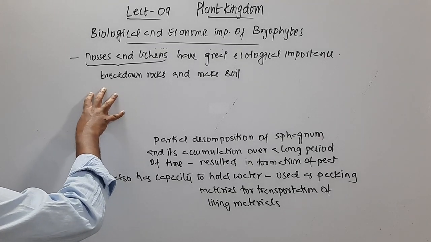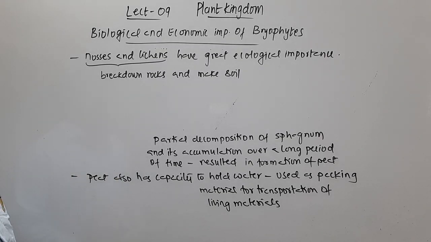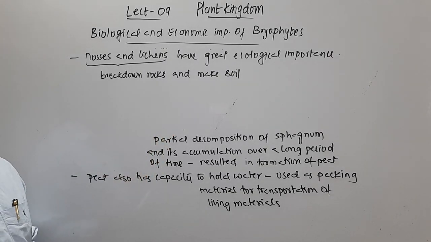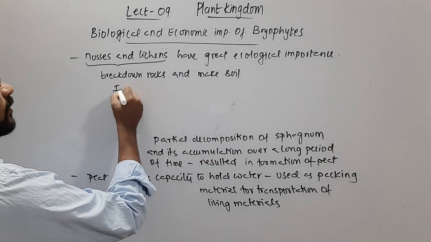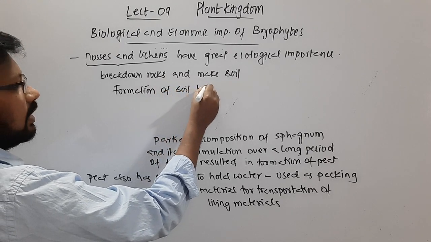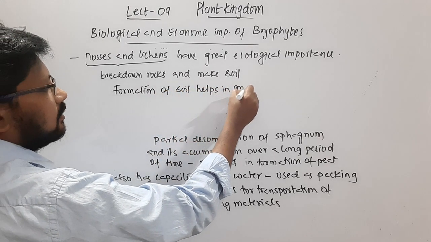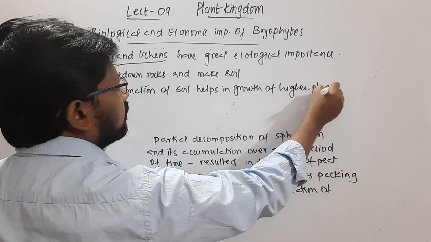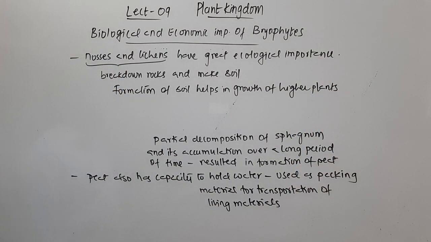So these lower groups of plants like mosses and lichens, when they grow, secrete some substances which dissolve the rock, and in course of time that gets converted to soil, and the formation of soil helps in the growth of higher plants. This is what we call succession.